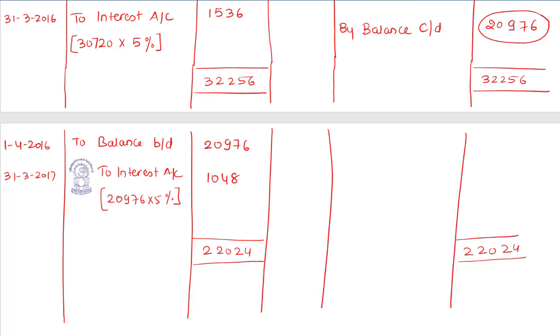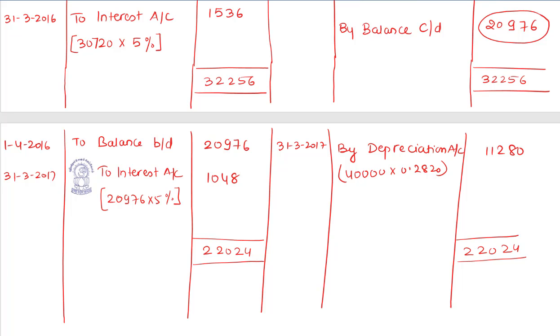At the year end, 31st of March 2017, depreciation needs to be charged. So by depreciation account, same, 40,000 multiplied by 0.2820, 11,280.